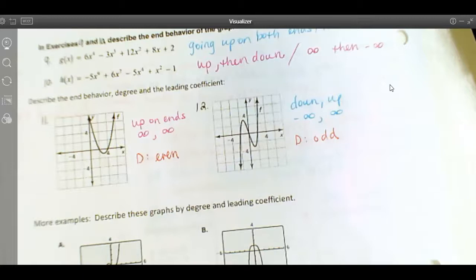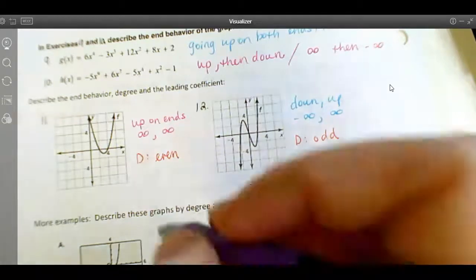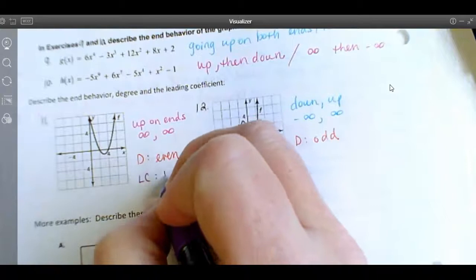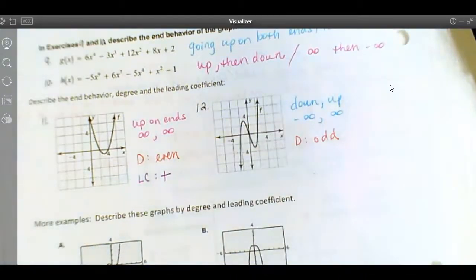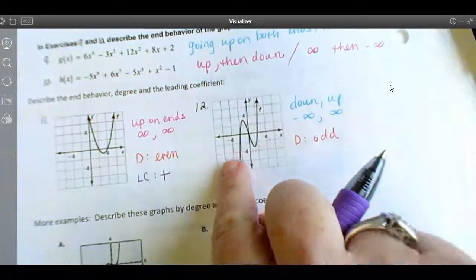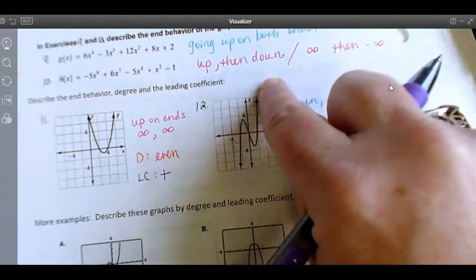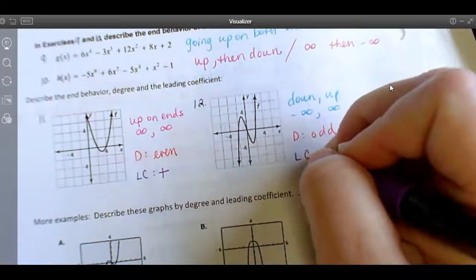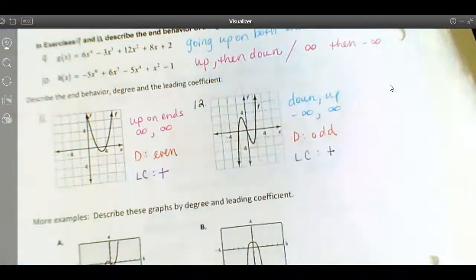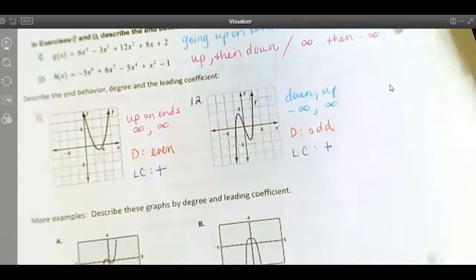Leading coefficient: since they're both going up on that first one, the leading coefficient is positive. And this one's starting down and then going up, kind of in an increasing pattern. So the leading coefficient is positive again. Okay. So that chart from the front might be really, really helpful.